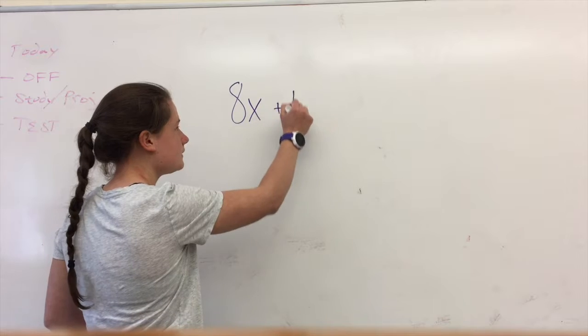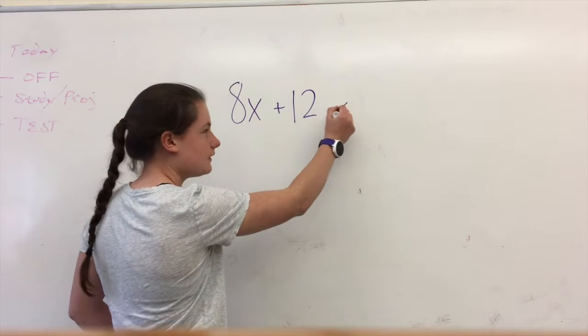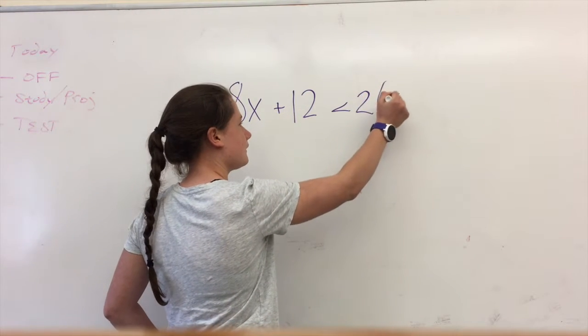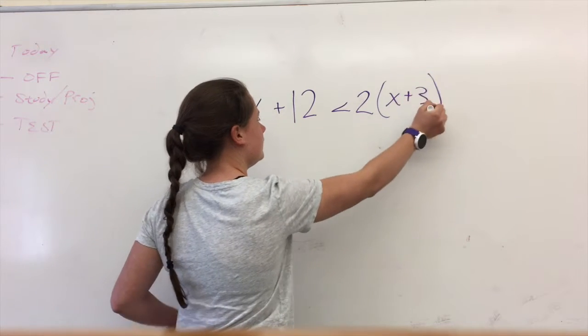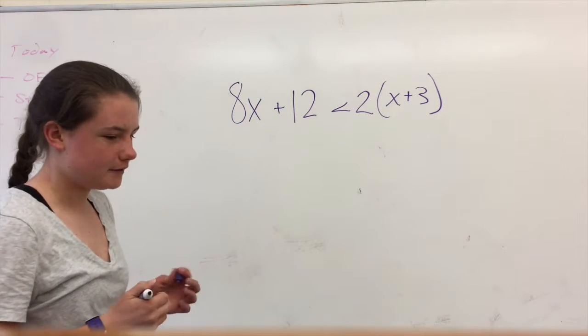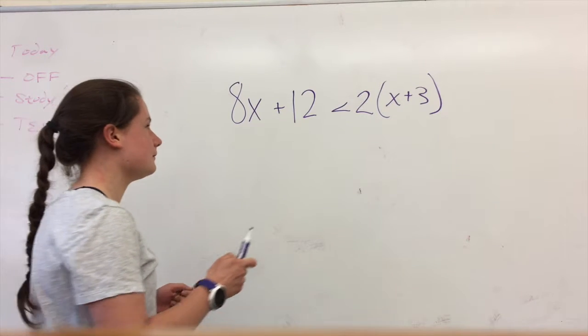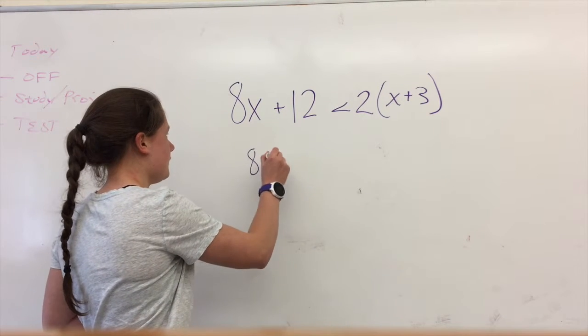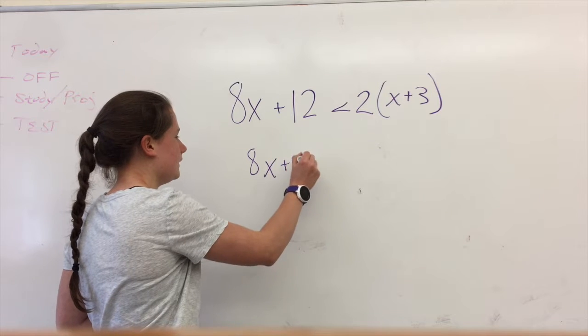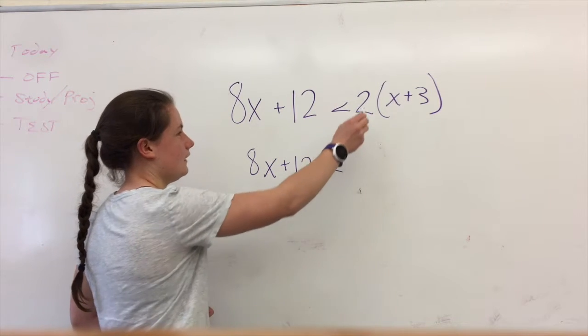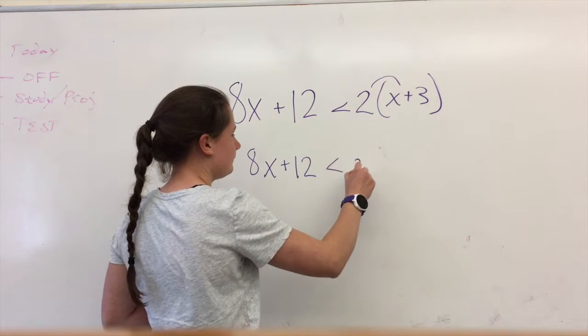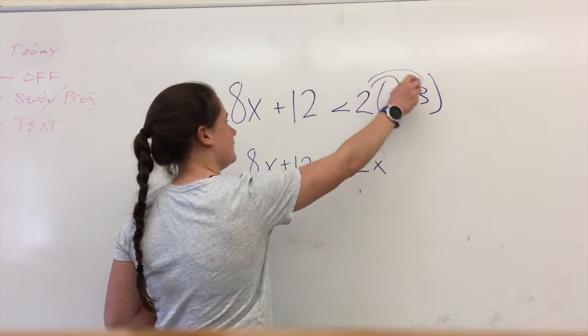8x plus 12 is less than 2x plus 3. So we're going to solve this inequality. And the first thing we're going to do is the distributive property. So 8x plus 12 is less than 2x plus 6.